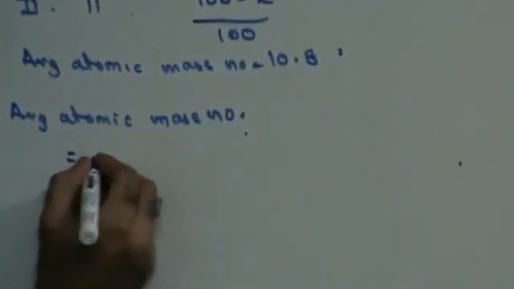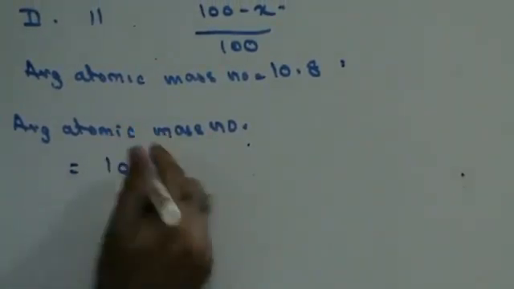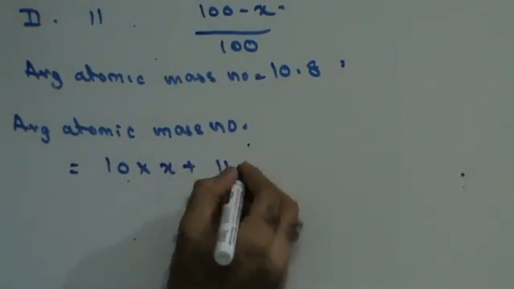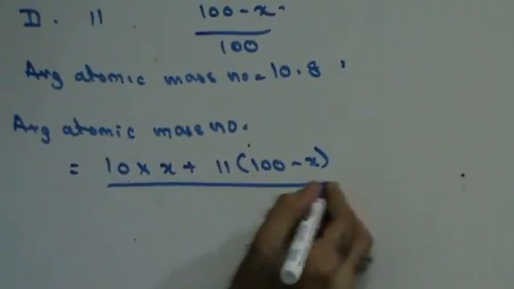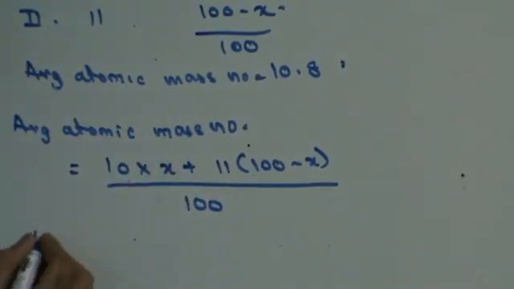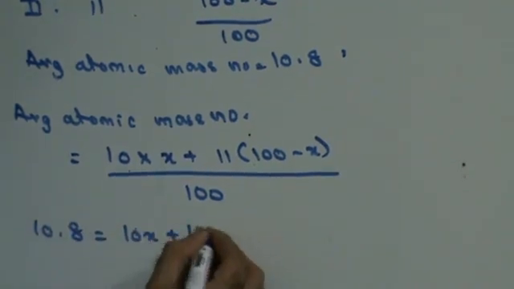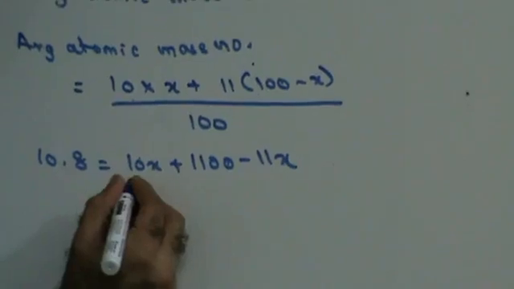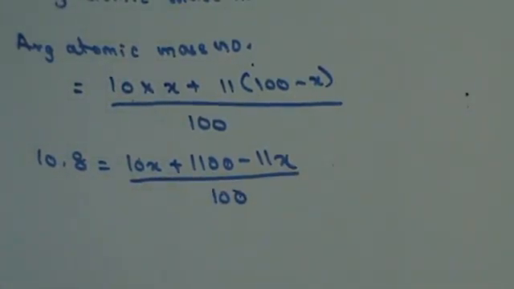So this is going to be 10 into X plus 11 into 100 minus X, divided by 100. Average atomic mass is given to you as 10.8, so I can say 10.8 is 10X plus 1100 minus 11X upon 100. After this, you should be able to solve this and get the answer.